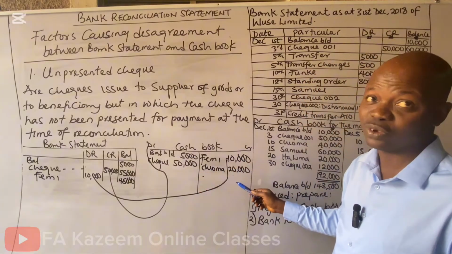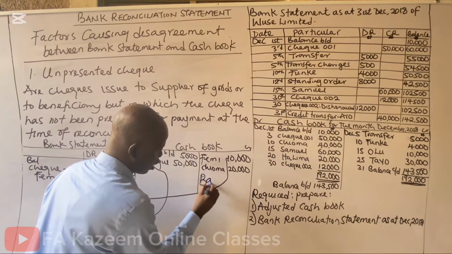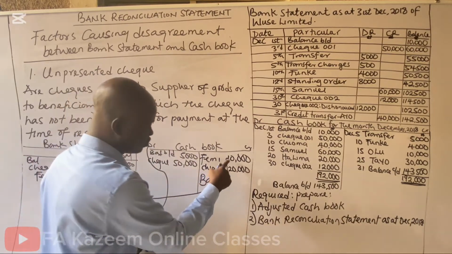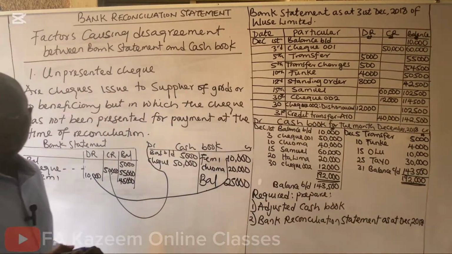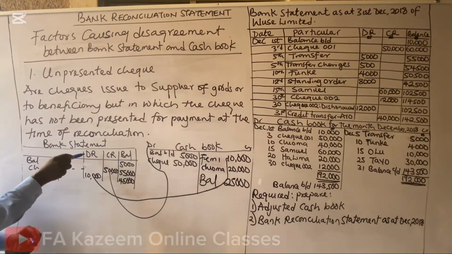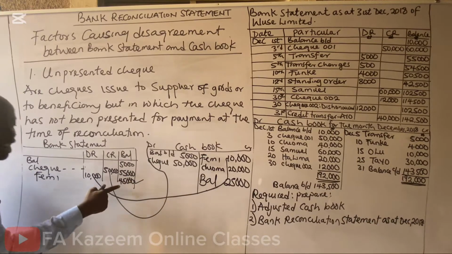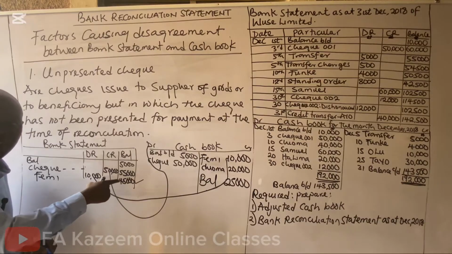will now be having a balance of 55,000 minus 30,000. The cash book will be having a balance of 25,000. But if the customer requests his bank statement, it will be showing a balance of 45,000. Why is his bank statement showing a balance of 45,000?